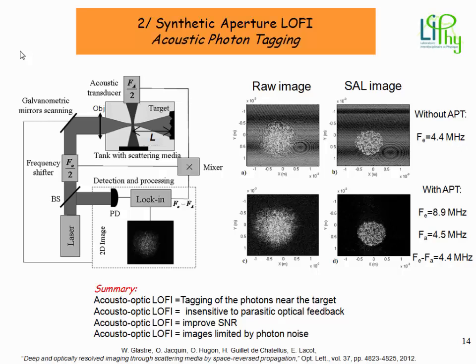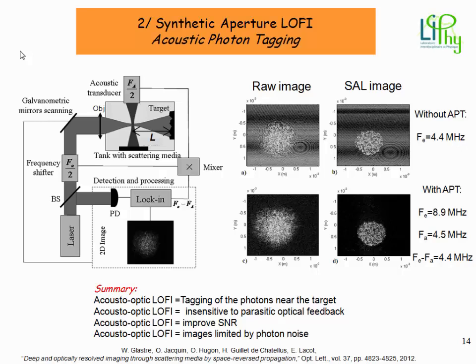And in this experiment, in order to detect only the tagged photons, the signal is demodulated with a lock-in amplifier, which works at a reference frequency of Fe minus Fa instead of simply Fe without acoustic photon tagging.